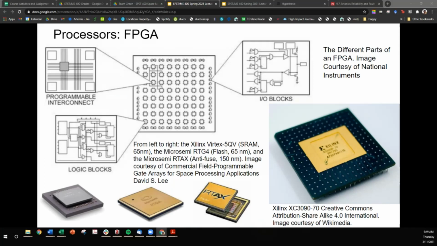Okay, another type of processor is called an FPGA. FPGAs are like muscle memory if we were to talk about the different processors and relate them to the body. So FPGAs have actually programmable physical connections that are embedded in the chip.